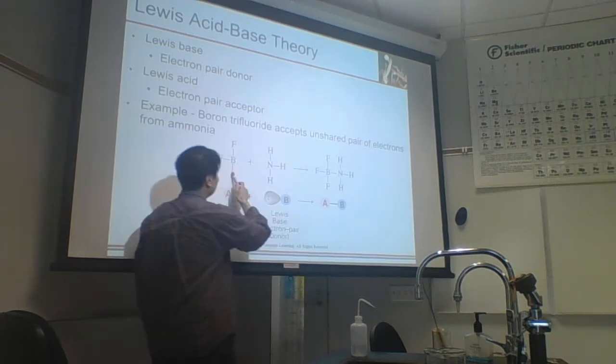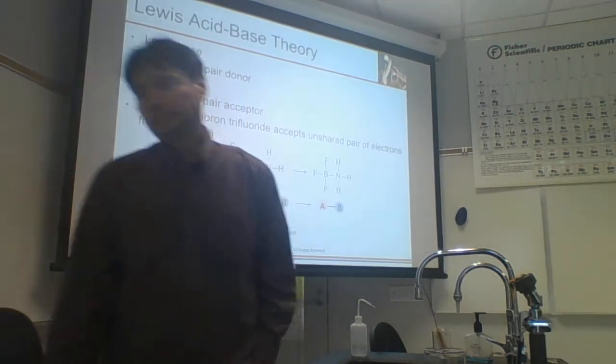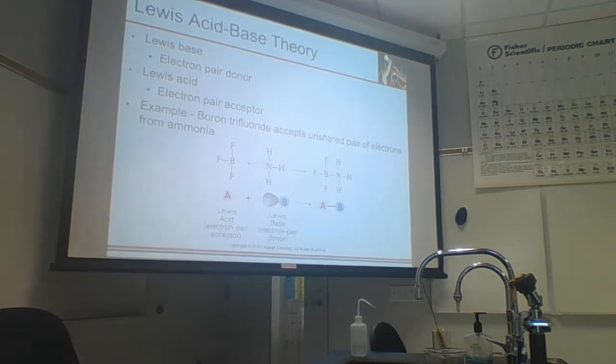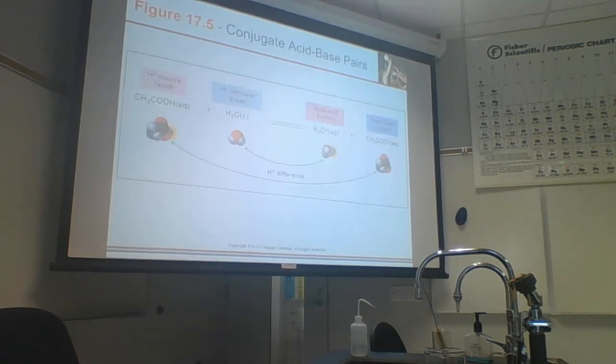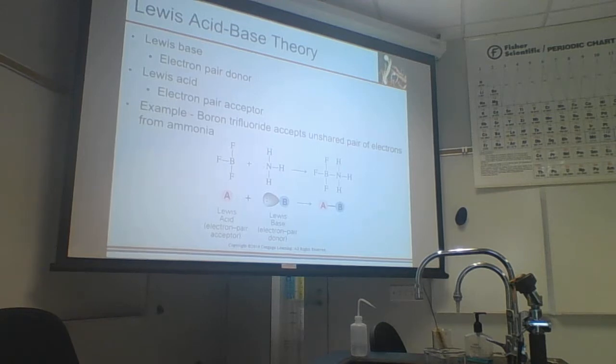It couldn't get an octet from fluorine. This is an example of a Lewis acid-base reaction. This is the type of reaction that happens.